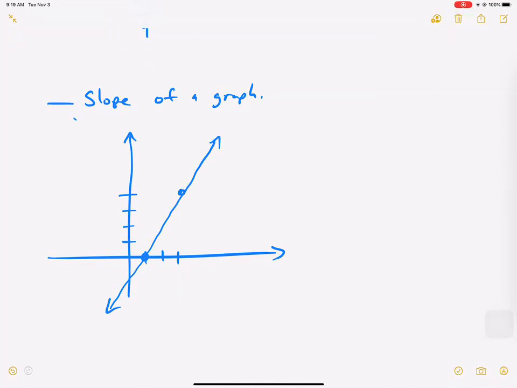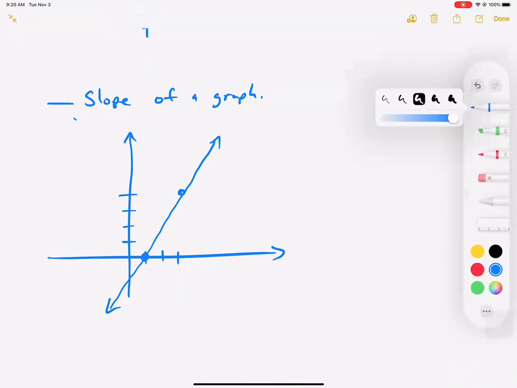So the ideal way of finding the slope of a graph is you look for the nicest points possible. Make your life easy, okay? So in this one, I've made dots, but you could have picked any points along the way. You could have picked this value here, but look at this point. Is this a nice whole number?